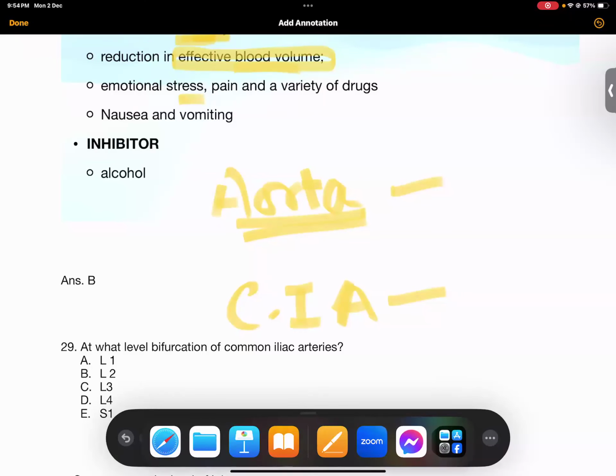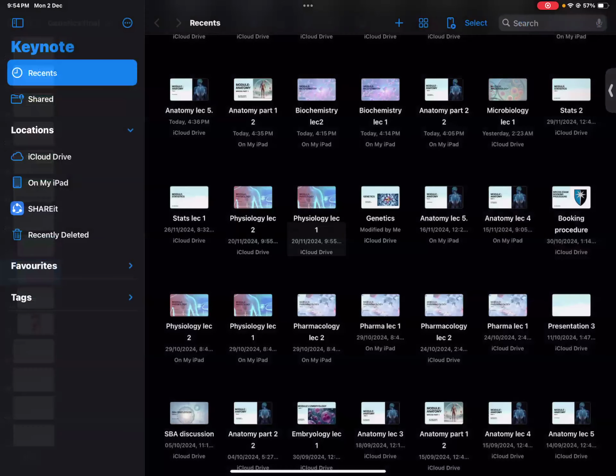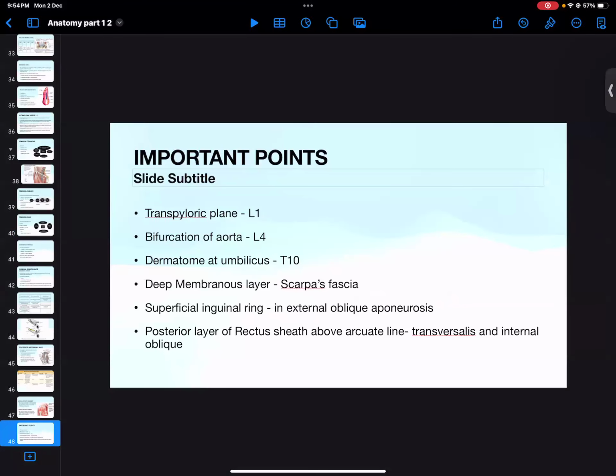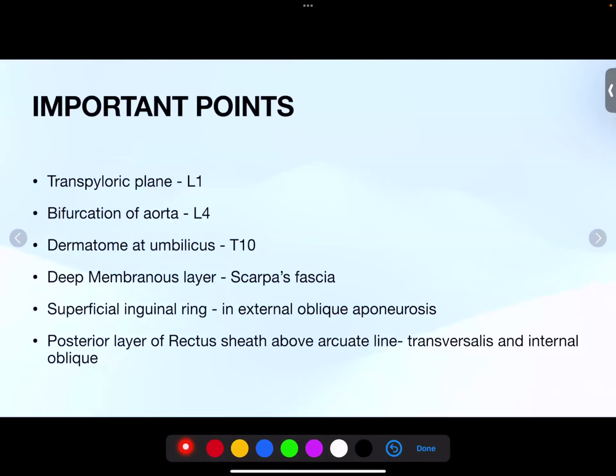I think the aorta bifurcates at L4. Okay, so anatomy. See the bifurcation of the aorta. The bifurcation of the aorta is at L4. So it means that at L4 your aorta bifurcates into the common iliac artery, right and left.